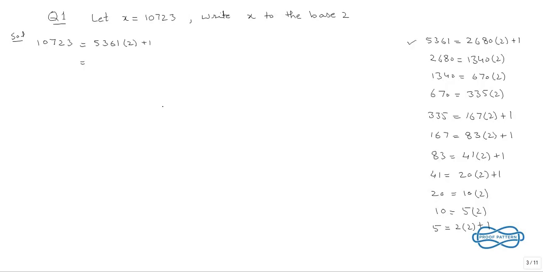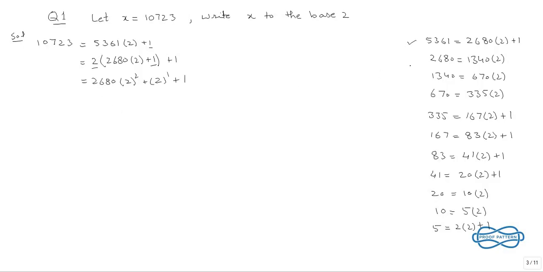Okay, now we substitute the value of 5361 from this equation. This is 2 times 2680 into 2 plus 1 plus 1, and that is 2680 into 2 square plus, when this 2 is multiplied with this 1, we get 2 to the power 1 plus 1.